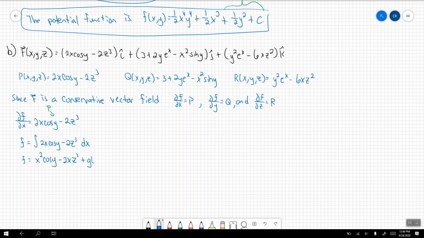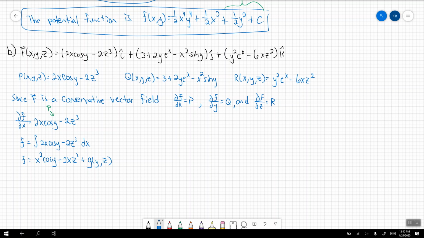It could contain variables other than x, so it could contain y or z. And if it doesn't contain y and z, then it can possibly contain a numerical constant. Again, we need to account for that.